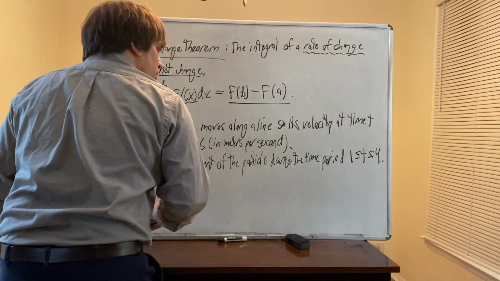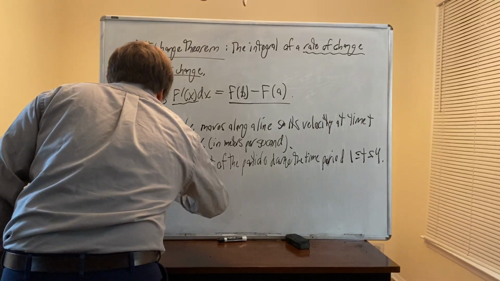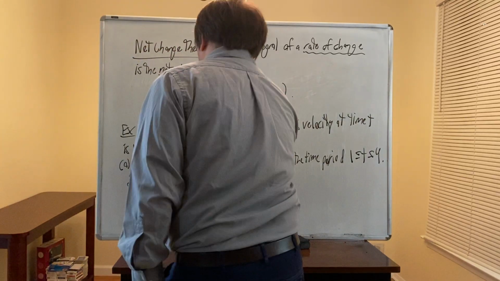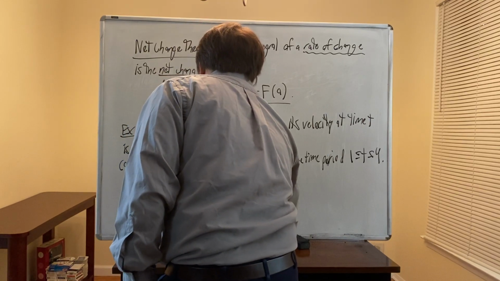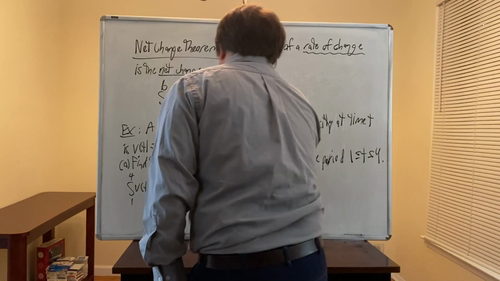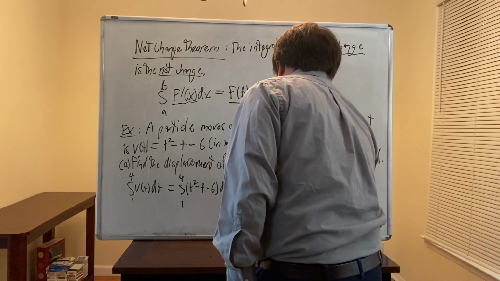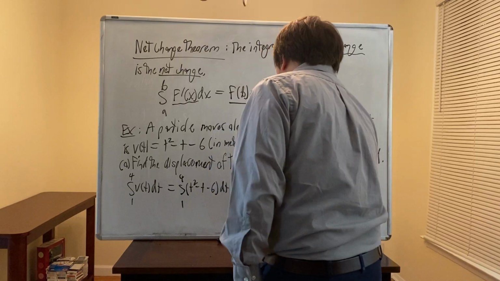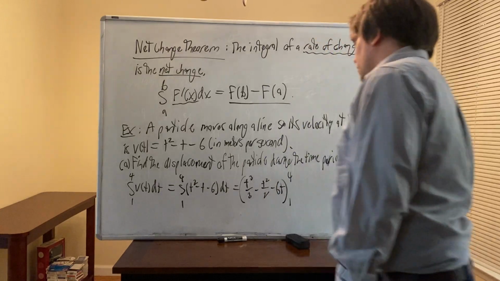So if you have the definite integral from 1 to 4 of v of t dt, which is equal to the definite integral of t squared minus t minus 6 dt, that's equal to an antiderivative of that, which is t cubed over 3 minus t squared over 2 minus 6t, evaluated from 1 to 4.